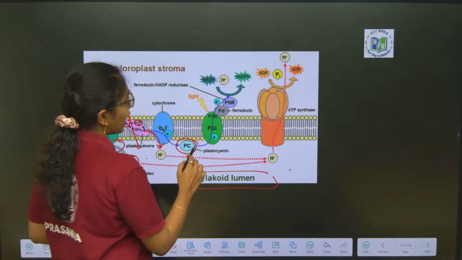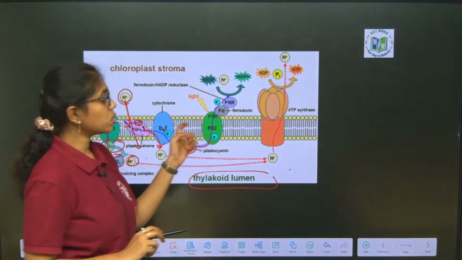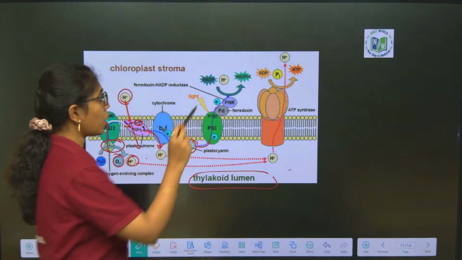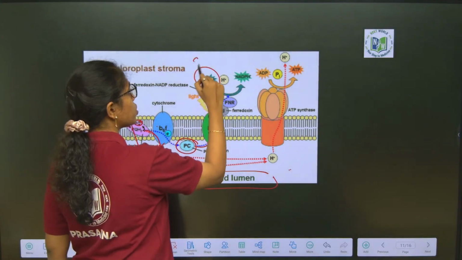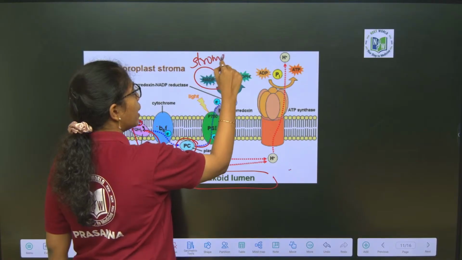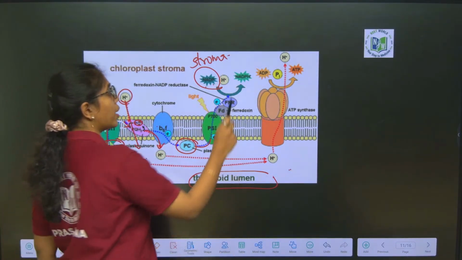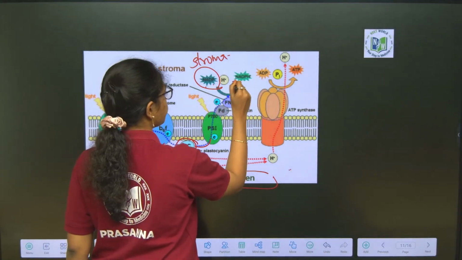From here, electrons from plastocyanin are given to what? Photosystem 1, where the primary acceptor is ferredoxin, then the ferrous sulfur complex, and NADP+, which is present in the stroma. Here NADP+ along with hydrogen gets reduced to what? NADPH.